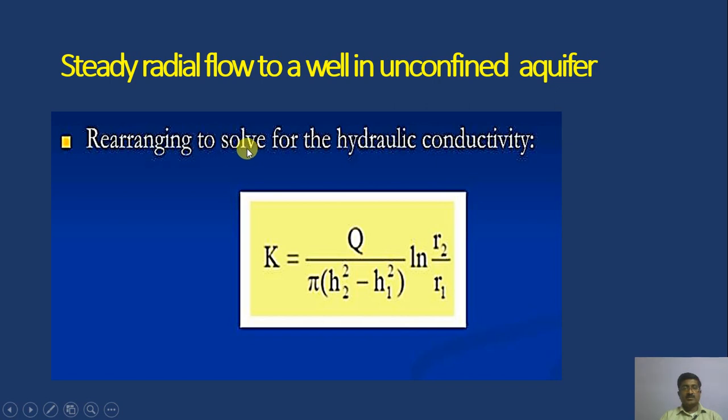Rearranging to solve for the hydraulic conductivity, K is equal to, in the numerator, Q divided by, in the denominator, pi into bracket H2 square minus H1 square bracket complete, multiplied by log natural of R2 divided by R1.